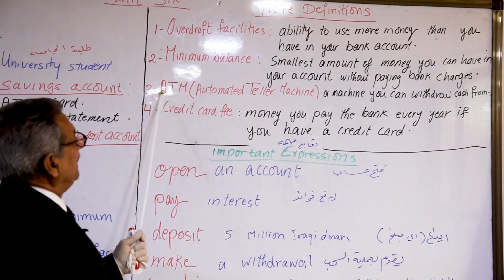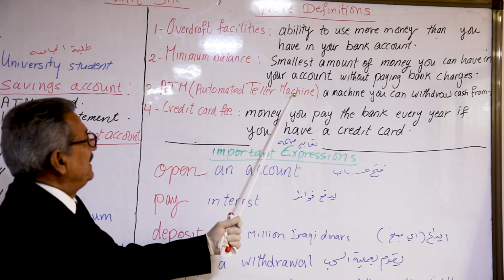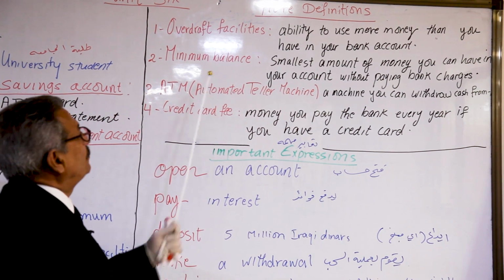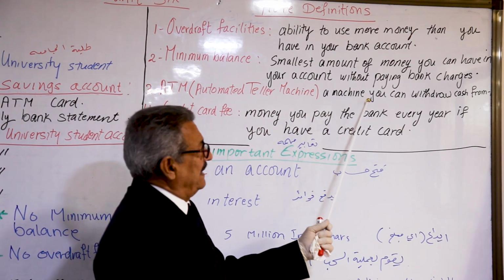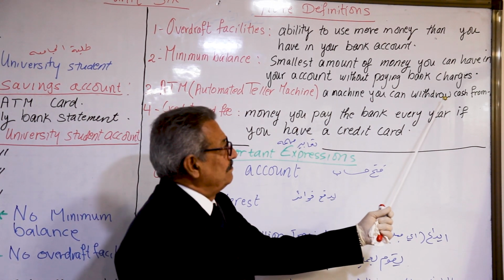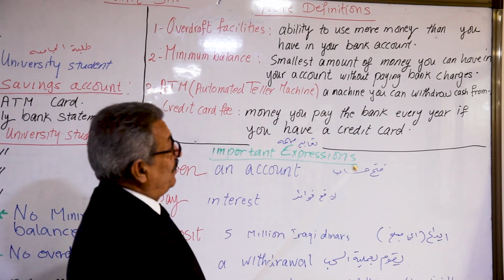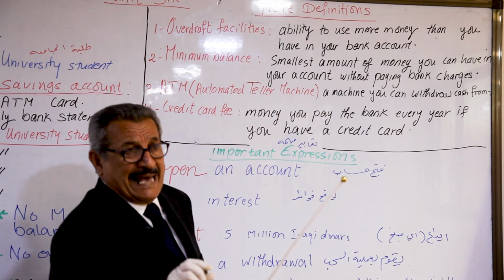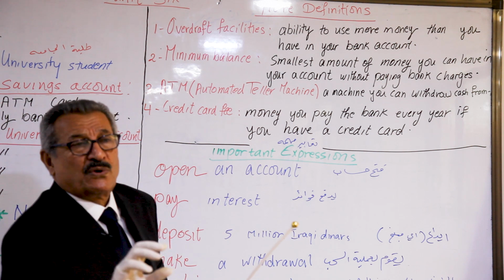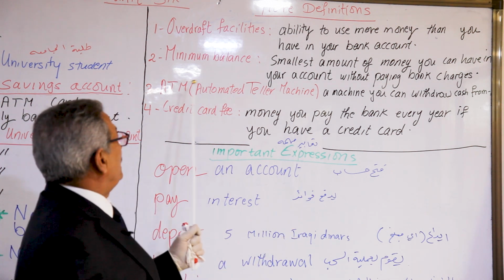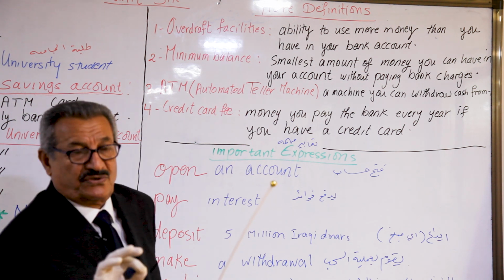The ATM (اللي هو مختصر automated teller machine، آلة السحب الأوتوماتيكية). Its definition: a machine you can withdraw cash from. Of course, cash is of two kinds, either notes (ورقية) or coins (معدنية). In the case of ATM, it gives us only notes.